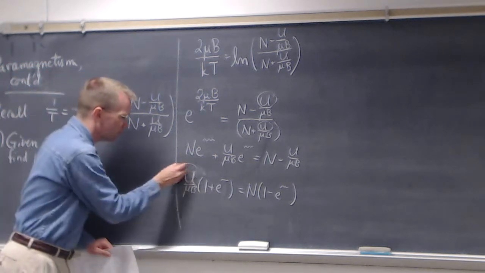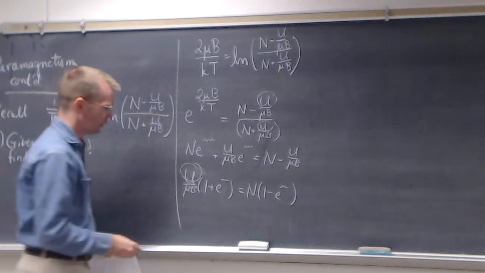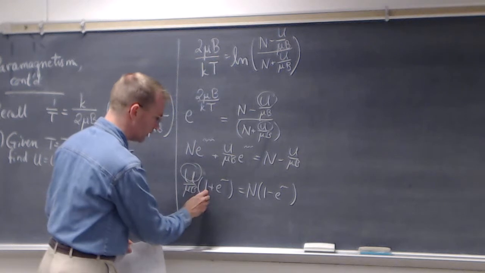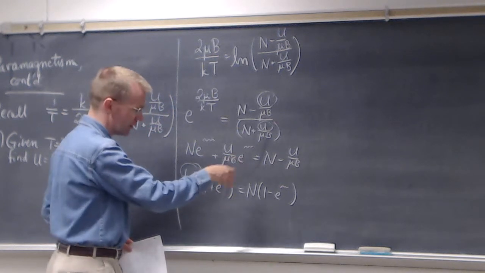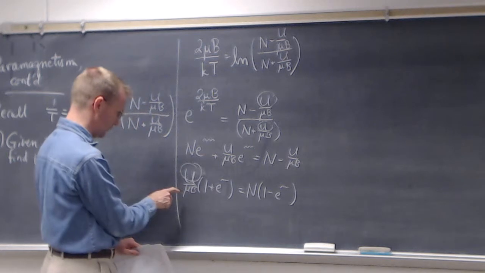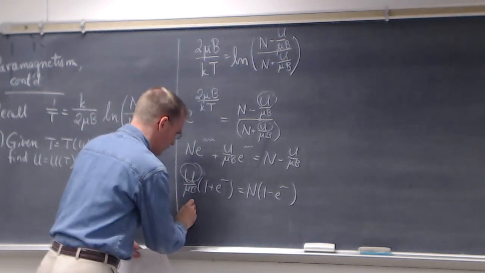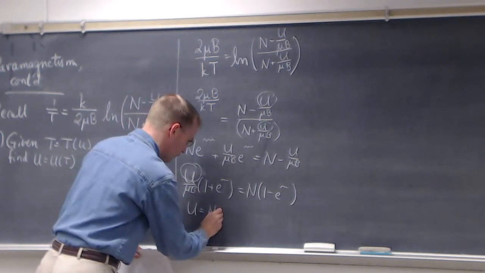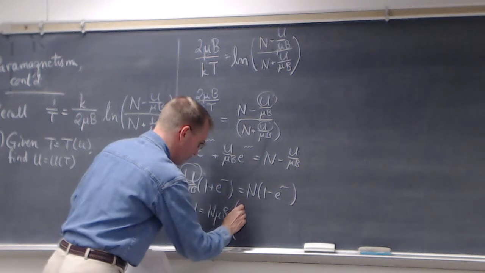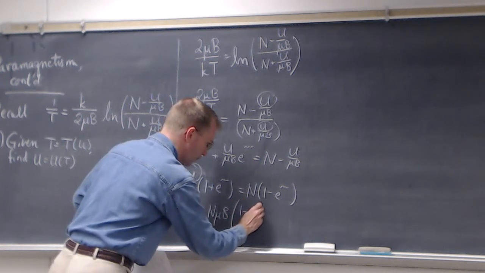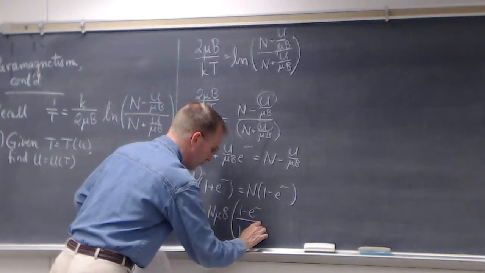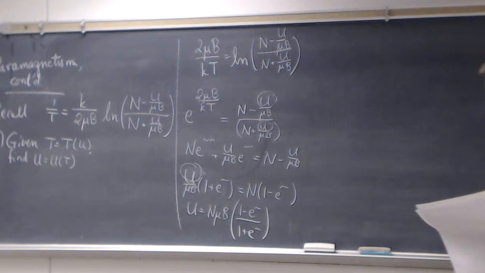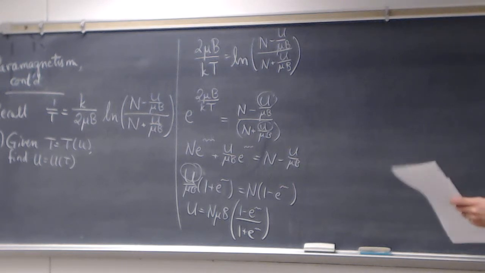Well, what I want to solve for is just u. So I will divide both sides by 1 plus the exponential, and mu b. Okay. That was right.